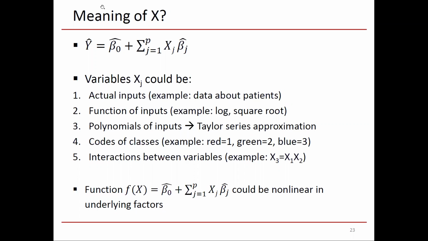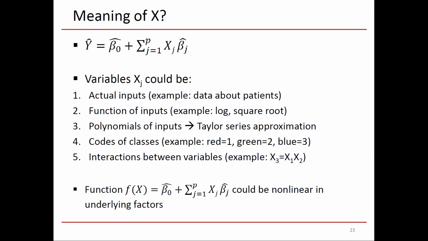Imagine that we begin with 10 explanatory variables, and then we add 30 different functions of these 10 variables, and then we add 50 different polynomials. So there's an entire world of things that can be created from the initial core data.